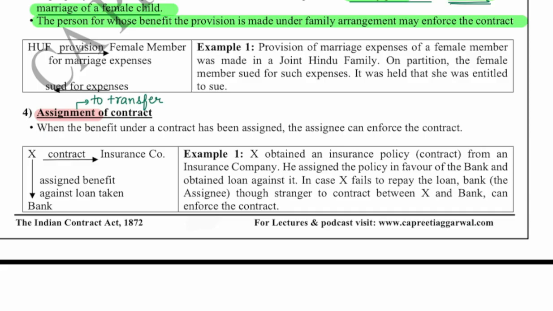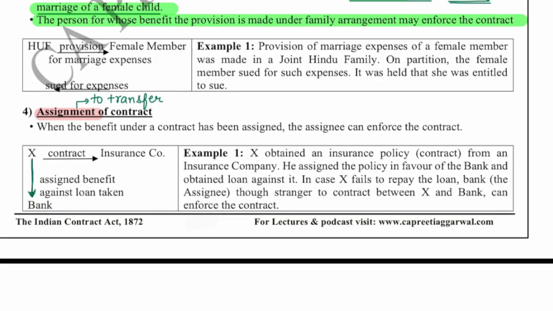So he says, you take this insurance policy. When you surrender it, there is some value you will get. So you can keep this insurance policy with you. X assigned the insurance policy to the bank. They said that you take this insurance policy and give us a loan against it. The bank in this case is the assignee.